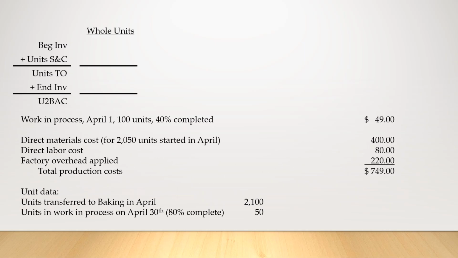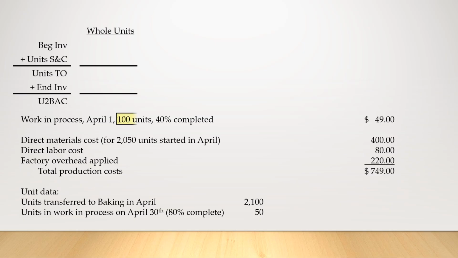If you turn one page to the right in your workbook, you'll find a table you can complete as we work through the problem. As always, we begin each process costing problem with our formula to calculate whole units among which we will assign costs. See the bottom half of the slide for our problem information.